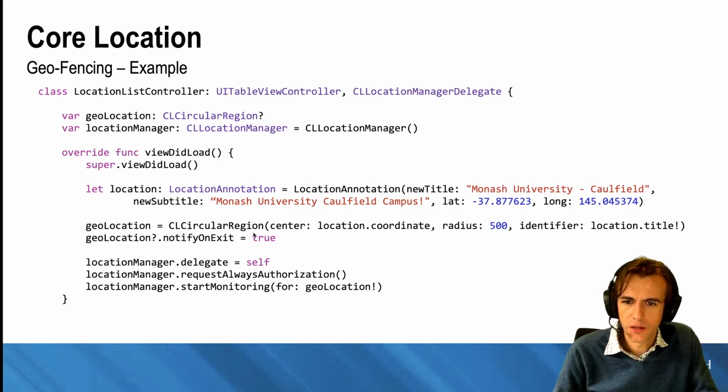We can create a CLCircularRegion that's centered on a particular coordinate. It has a particular radius, and we can give it an identifier. And we can say notify on exit from that region. Then we would set ourselves as a delegate, request authorization, and start monitoring for a particular one of these CLCircularRegions.